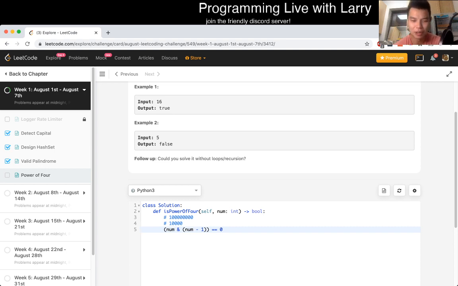Because if it's not a power of 2, then it cannot be a power of 4. Then can we divide it by 2? Is it still a power of 2 now? Because even 2 to the third is 8, and that still would be true. So we want the square root of num, and then see if the square root of num is a power of 2. Okay.